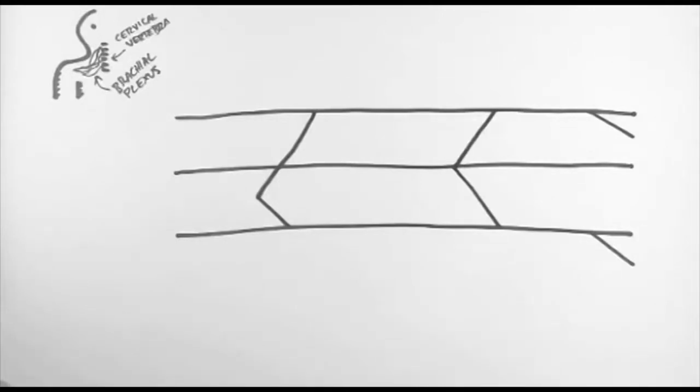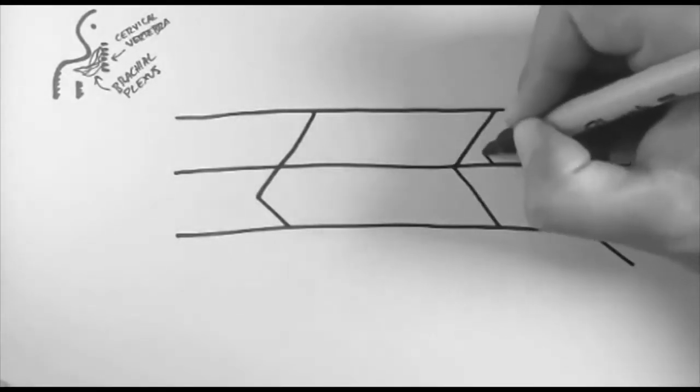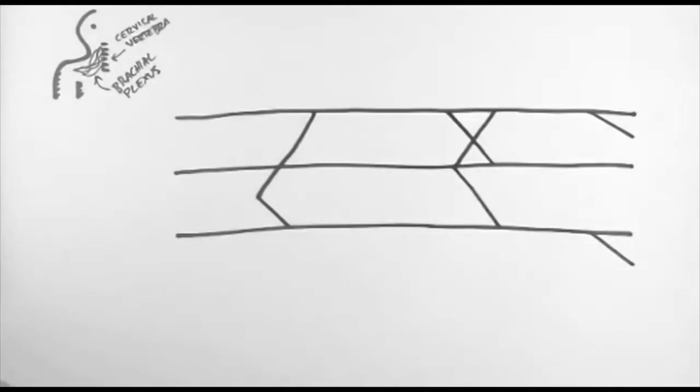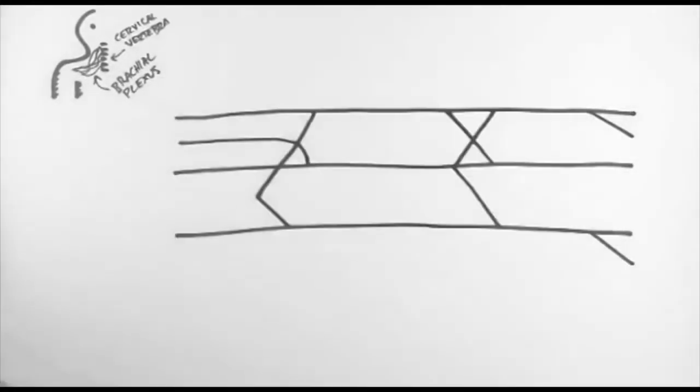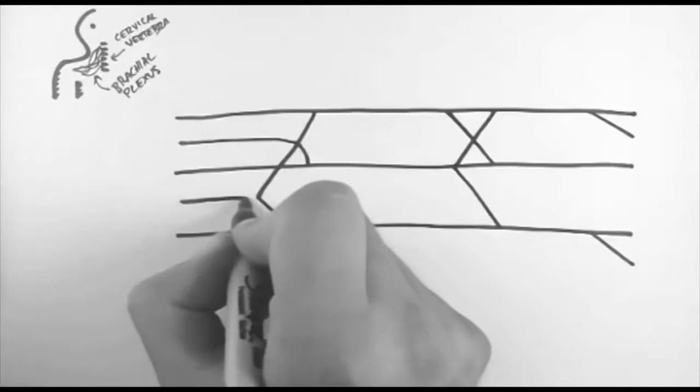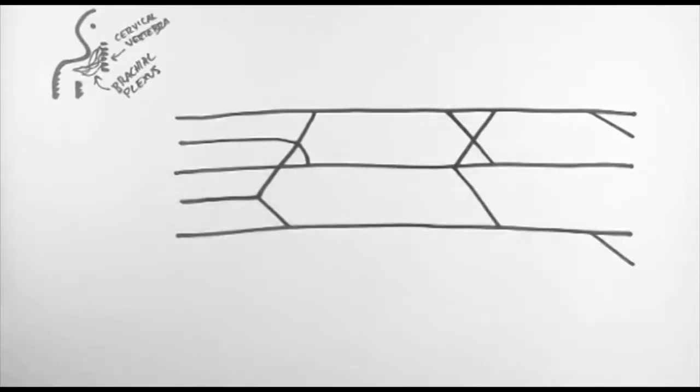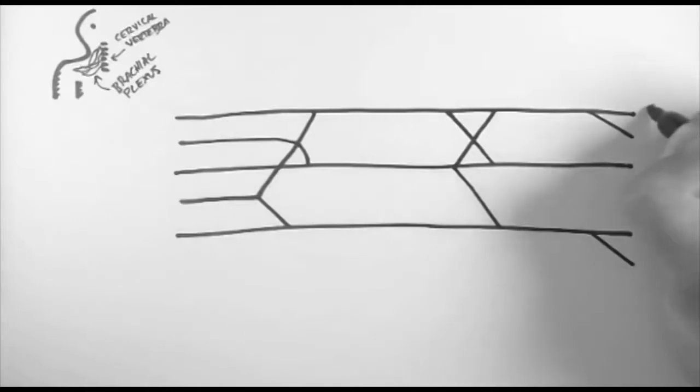Now I draw a line that crosses the top of that chevron, and a line that crosses the top of this chevron, but then swings out to the left. Now I'll just fix that up a little bit by adding a line to that point of that chevron. And that's your basic brachial plexus.